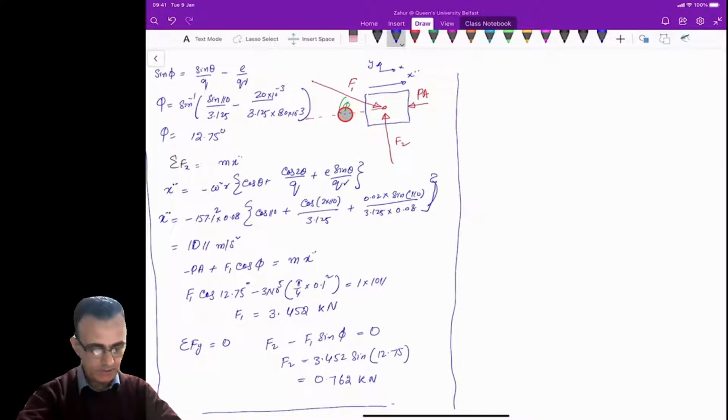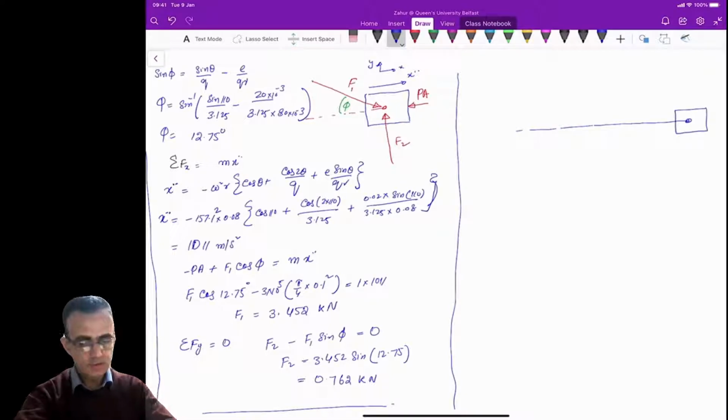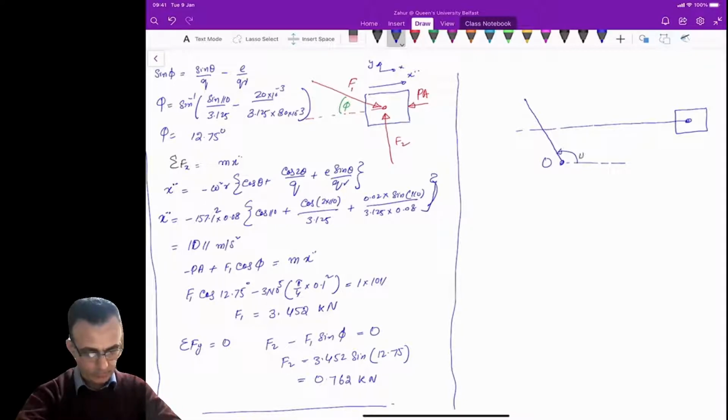So this was the piston, and then the angle theta is 110 degrees here. So it will look like this.